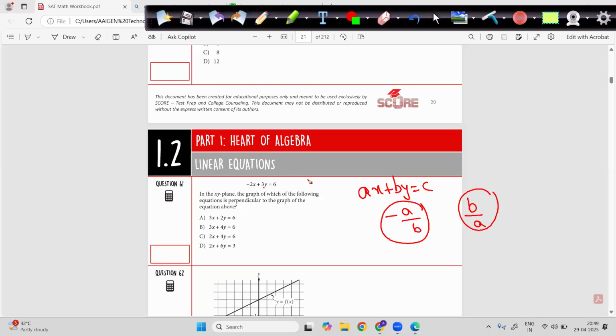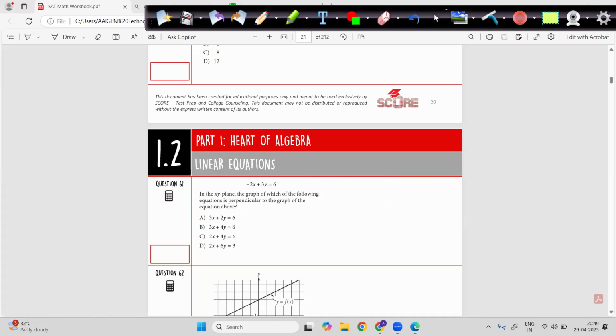So the slope of this is 2 by 3. So the other one, if they're perpendicular, should be minus 3 by 2. Minus 3 by 2, minus 3 by 4. No. So the only option where I'm getting minus 3 by 2 is A. So the answer is A for Agra.